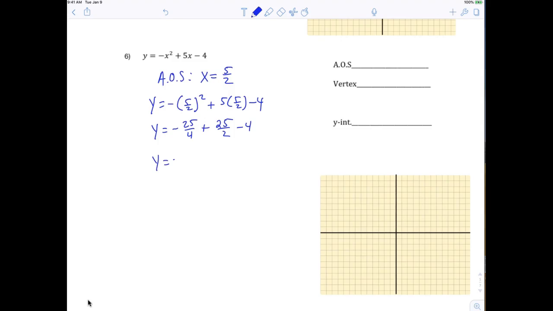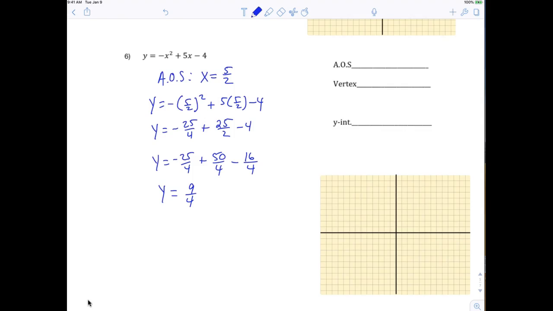So y equals negative 25/4 plus what? 50/4 minus what? 16 over 4. Come on. Combine that. Y would equal 9 over 4.